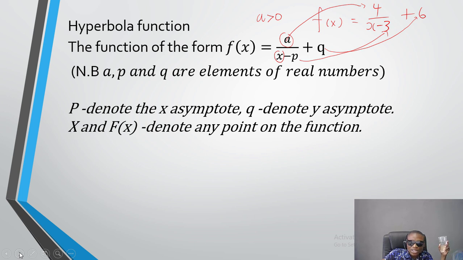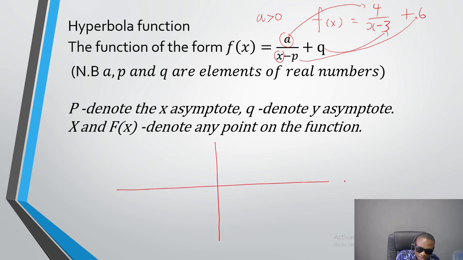x and f of x denote any point on the function. This one, guys, is a very important mathematical idea. Let me just explain it here. Let's say you have a hyperbola graph. You have the y-axis, the x-axis, and you have a graph.